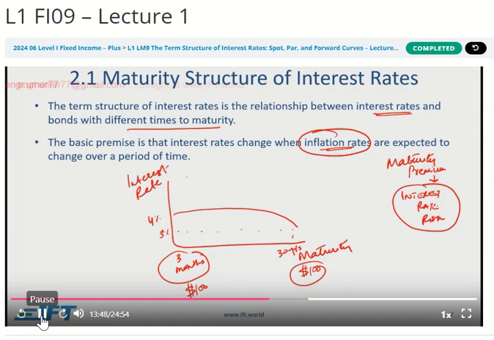Whereas if the inflation was expected to go up, that's when the economy is growing and heating and there's a lot of demand, right? So that's something you have to link with the discussion on business cycles in economics.